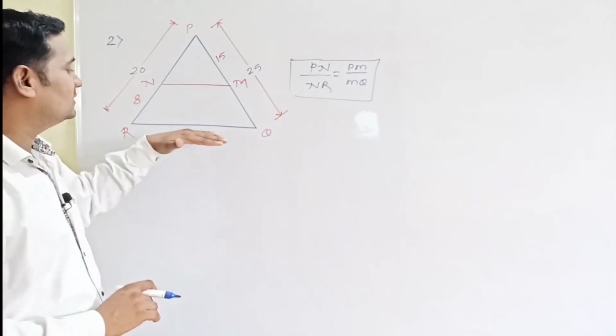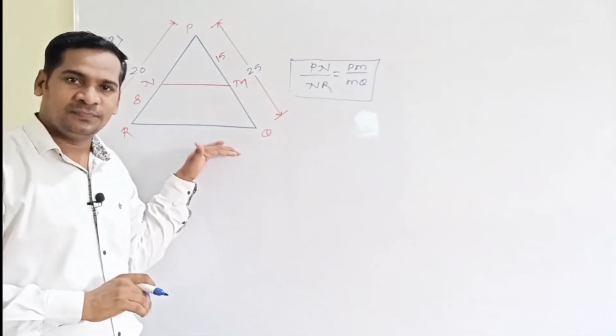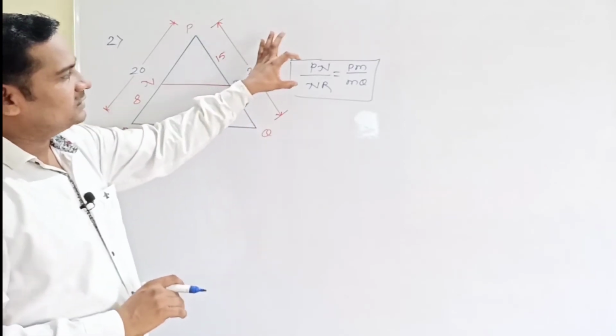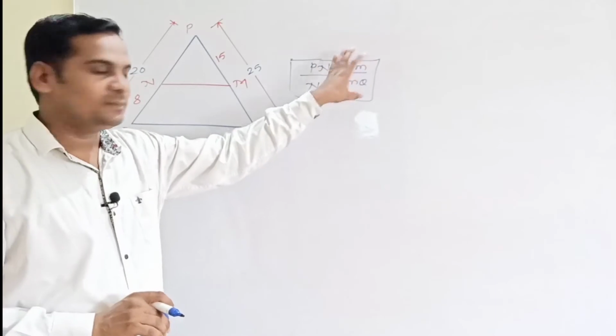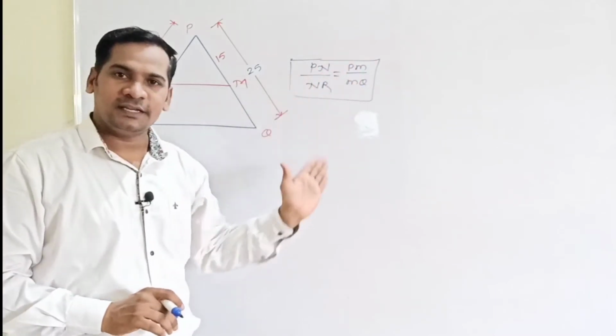Now which is the third side? This QR is the third side. That means we have to prove this PN upon NR is equal to PM upon MQ. That means we have to take these two ratios.